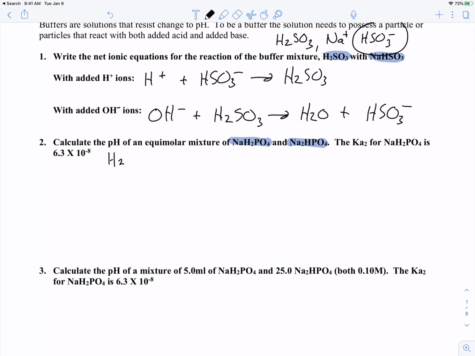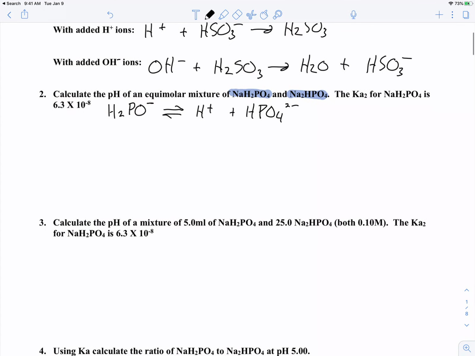The sodium would be a spectator ion, and the dihydrogen phosphate would be in equilibrium with hydrogen ions and the monohydrogen phosphate. So the dihydrogen phosphate, which has a negative charge, would be the acid. It's a weak acid. And the monohydrogen phosphate would be our conjugate base.